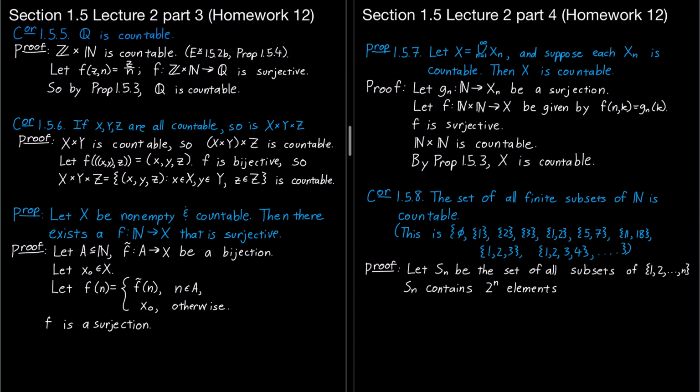So each set either does or does not contain 1, either does or does not contain 2, either does or does not contain 3, up to does or does not contain n. So we can write this as a list. You've got the empty set that contains nothing. You've got the set that contains 1.